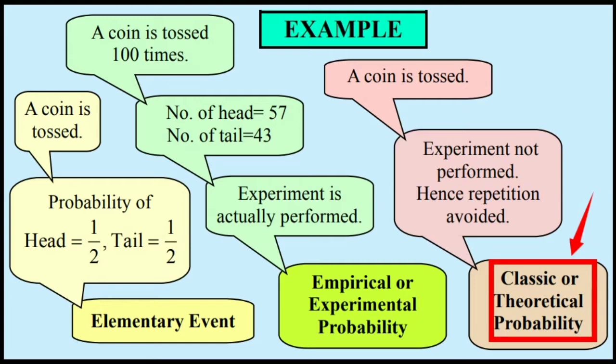Therefore, this probability is called classical probability or theoretical probability. Now I believe that through these examples, the meaning of elementary event, empirical probability, and classical probability is clear, and we have to study only classical probability or theoretical probability.